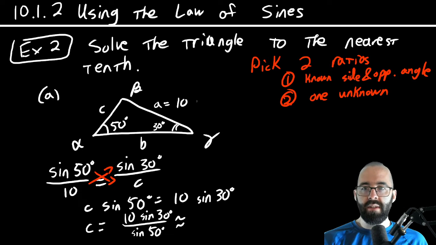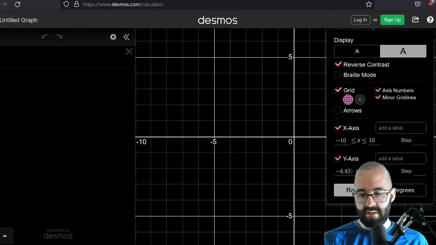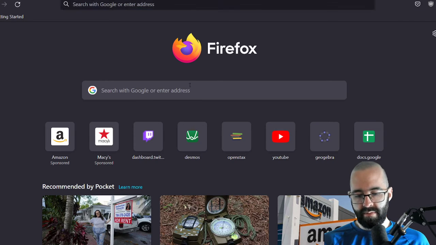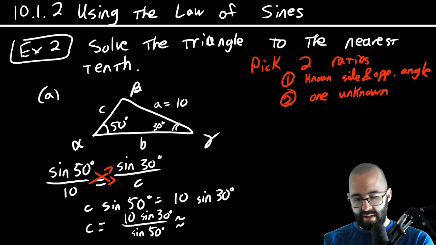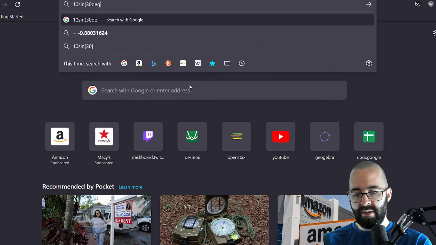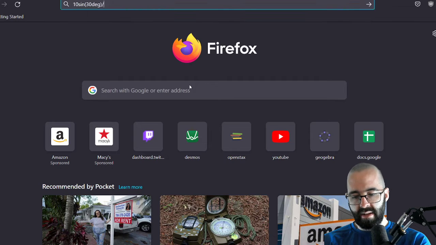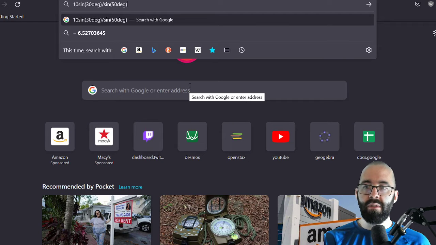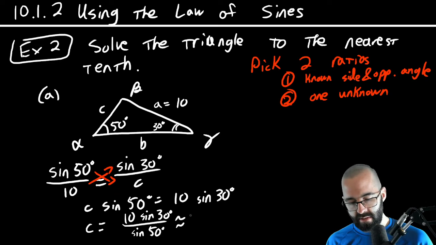So part C is going to be, we'll use Google again. 10 sine of 30 degrees divided by the sine of 50 degrees. Make sure your calculator is in degrees. About 6.5270.